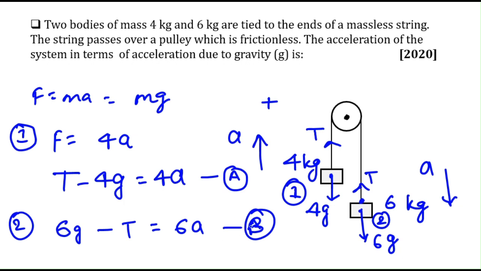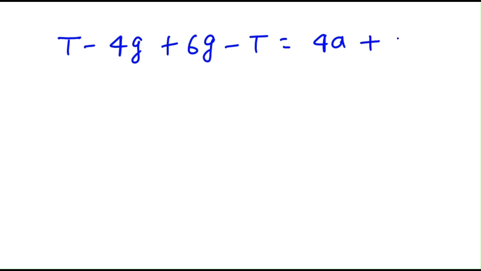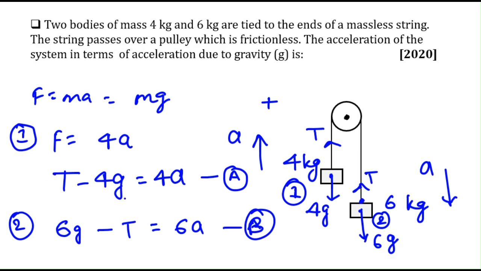Now we can obtain this acceleration a in terms of g just by adding these two equations. If we add A and B, we will get T minus 4g plus 6g minus T equals 4a plus 6a. We are adding LHS of this equation with LHS of this equation, and RHS with RHS.